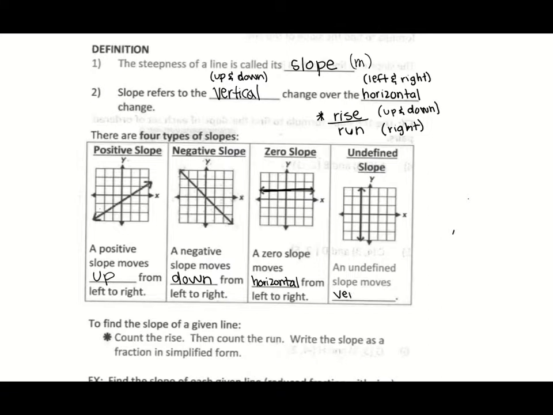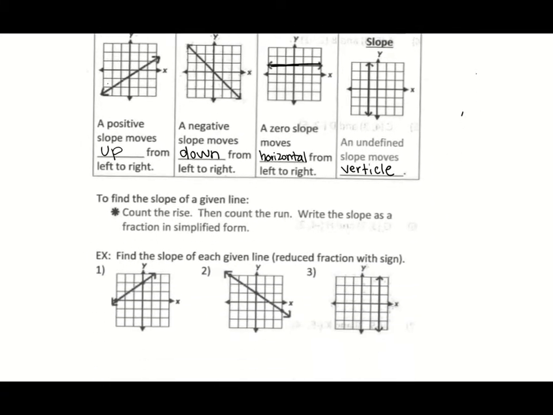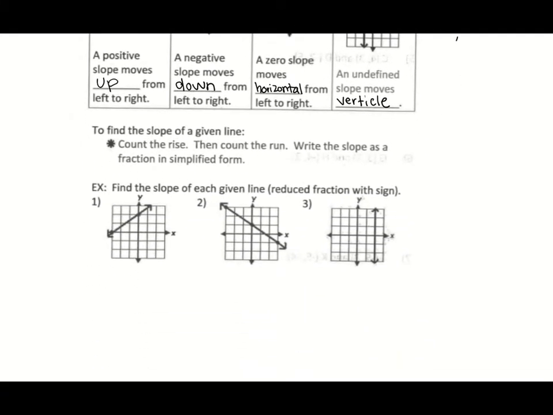It is up and down. So those are our 4 different types of slope you're going to have with our graphs. So now if we look at some examples, it says find the slope of a given line. And it gives us a hint. Count the rise and then count the run, and write our slope as a fraction in simplest form.